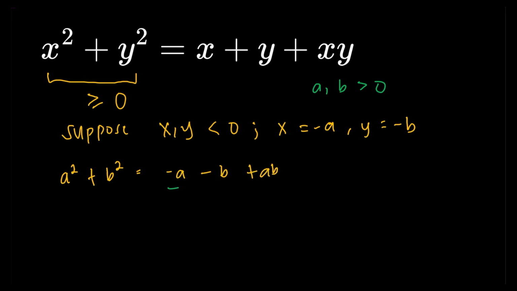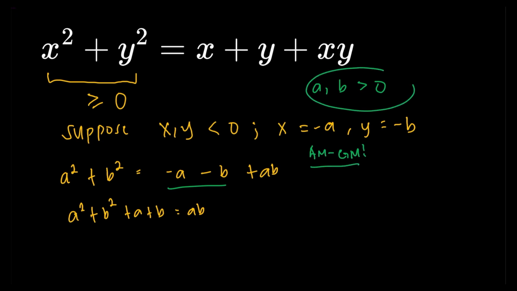Let me put the terms with the negative signs in the front. A squared plus b squared plus a plus b is going to be equal to ab. Now we have the very interesting AM-GM inequality. I'm motivated to use it because we have a condition of ab, and I could relate a squared plus b squared with the ab over here.